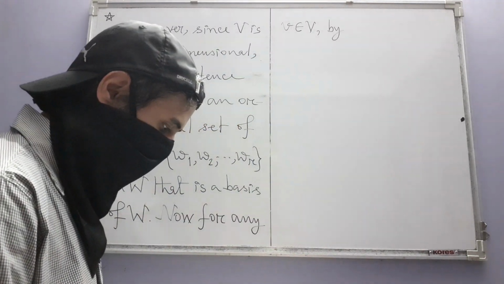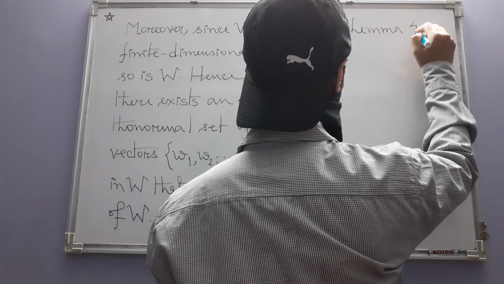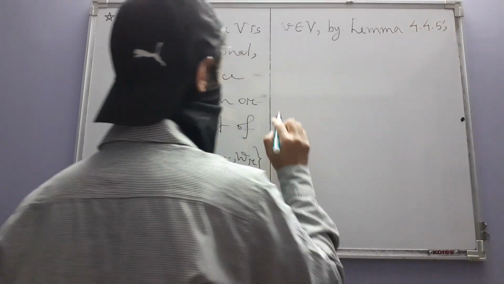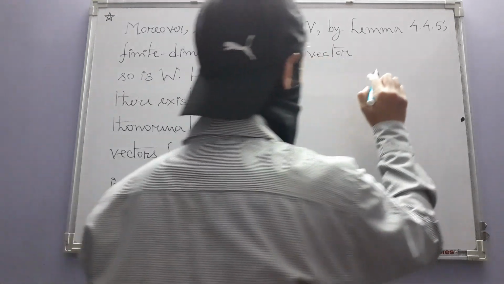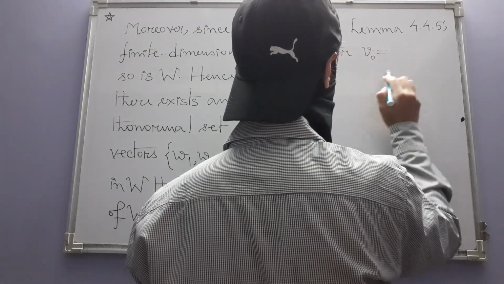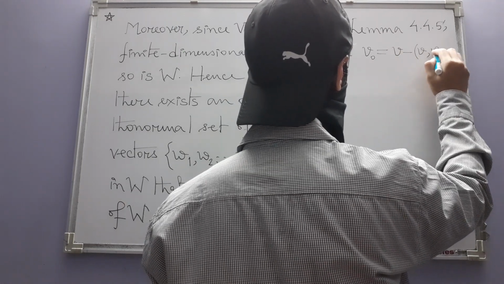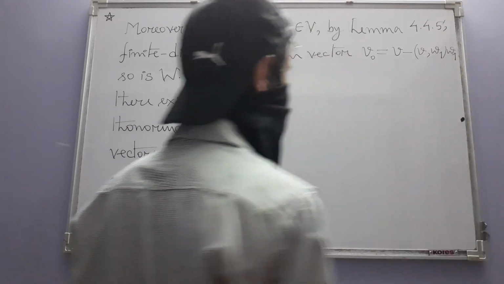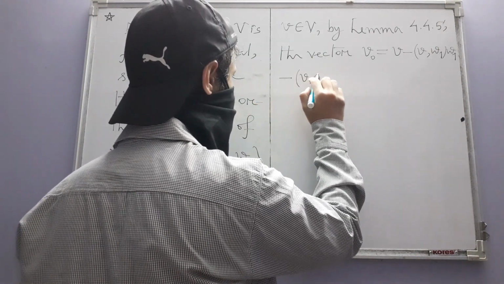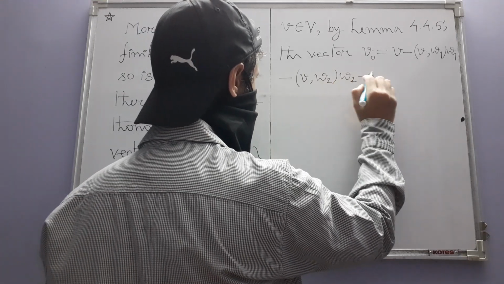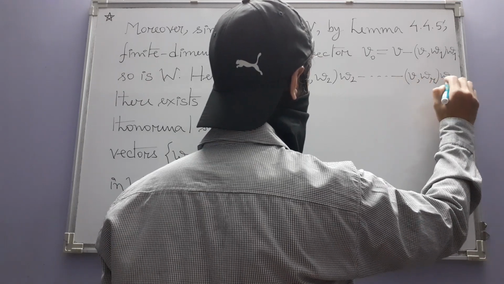we have seen that lemma, the lemma 445. The vector V naught, which is just this, V minus the inner product of V and W1 times W1 minus the inner product of V and W2 times W2 and so on, Wr times Wr.